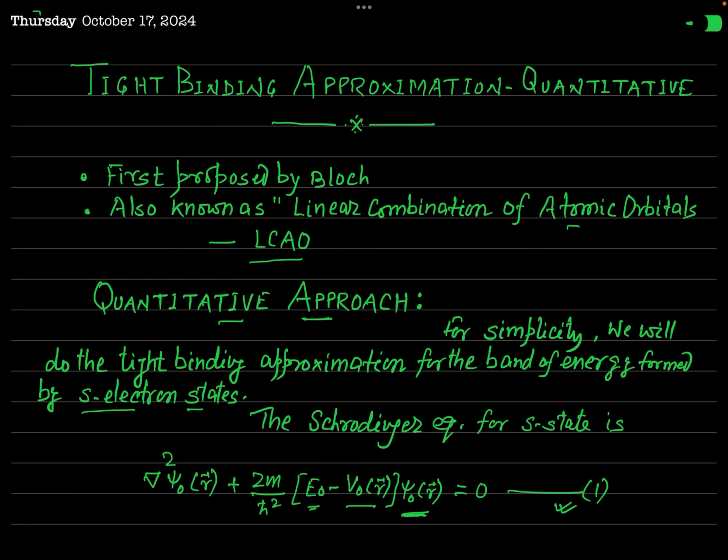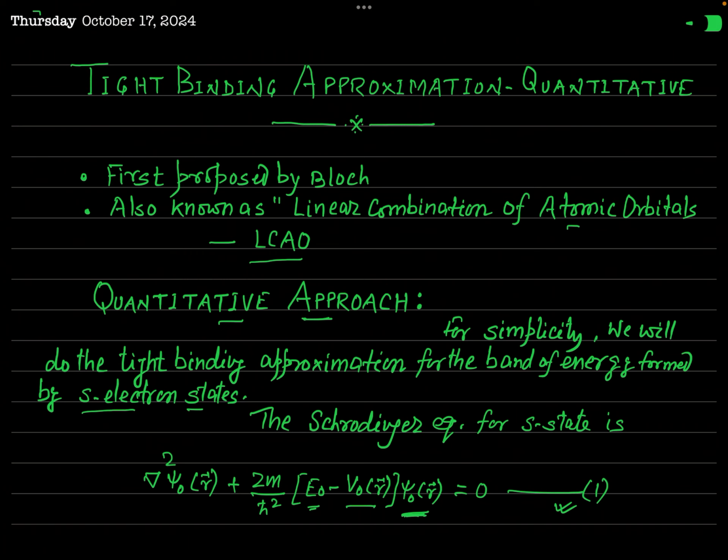And this is possible in the case of s electron. With this assumption, the treatment will be applicable to s levels only, and it will be shown later on that s levels correspond to s bands.